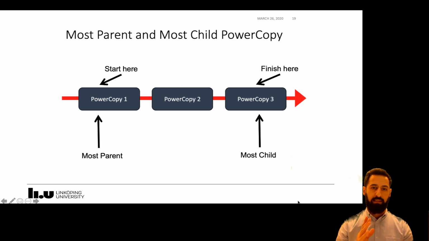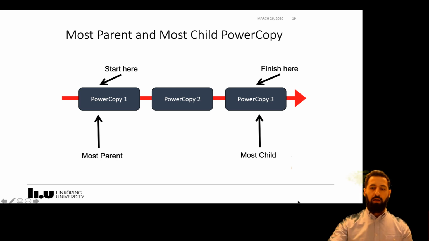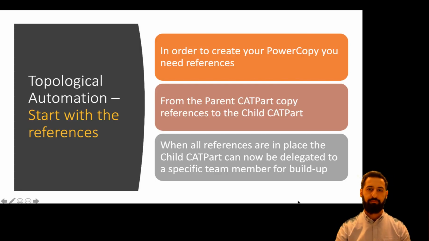So there has to be a dialogue between the two who are doing these parts. And at the same time, if you have a third person who's doing power copy 3, there needs to be a dialogue between power copy 2 and power copy 3 persons. So a lot of dialogue in order to make sure that you get all the references correct.